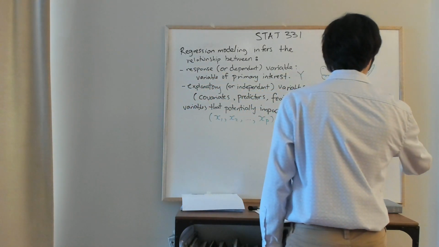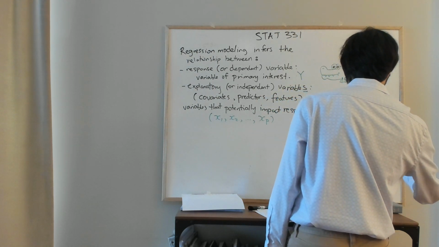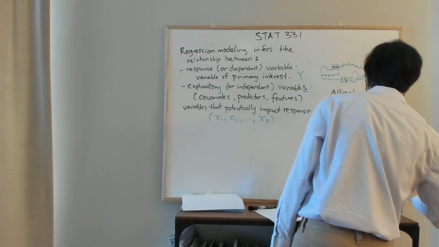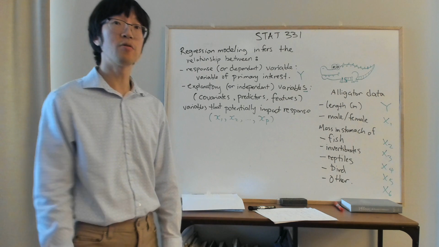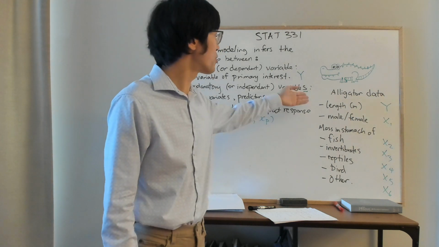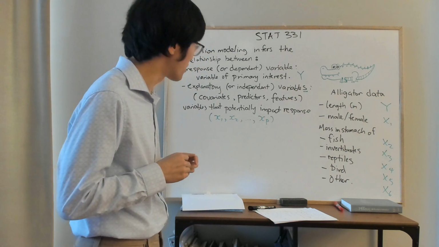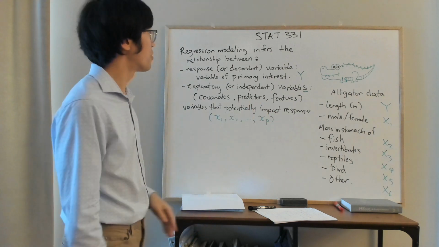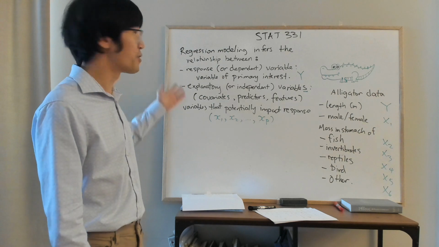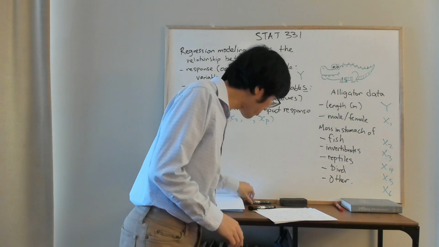We can call this one x1, the first predictor, and then we have all these measurements of masses of food in their stomachs, so we can label them x2 up to x6. So in total, we have 6 explanatory variables for our main variable of interest. I just want to give you a more concrete illustration for the idea of having a response and multiple predictors.